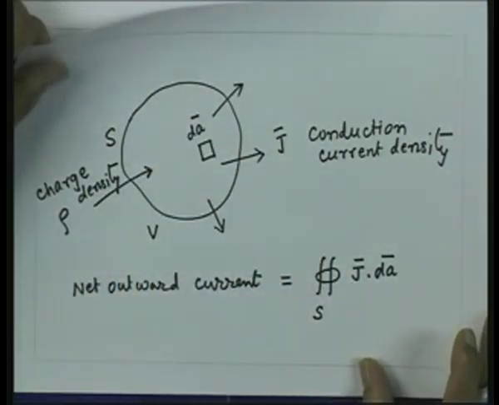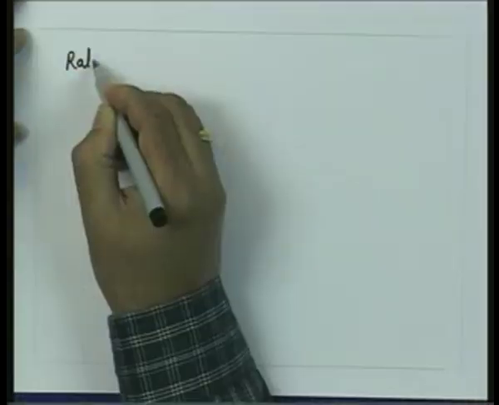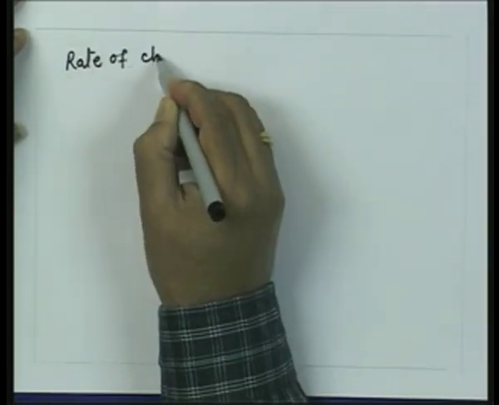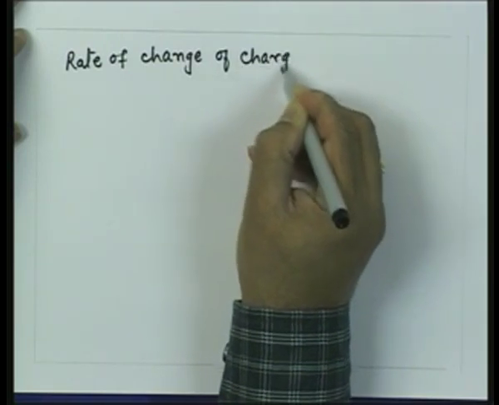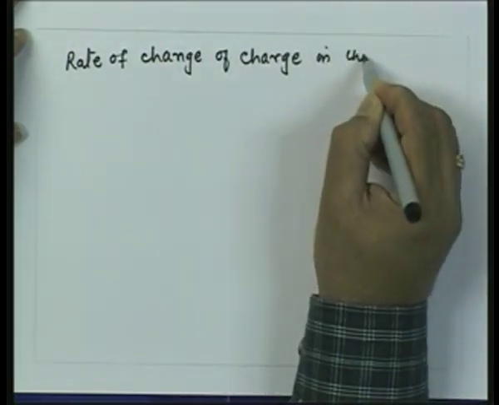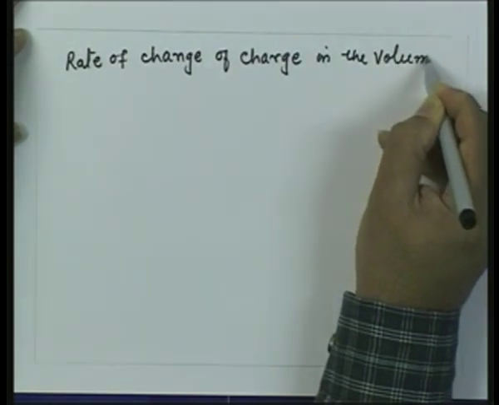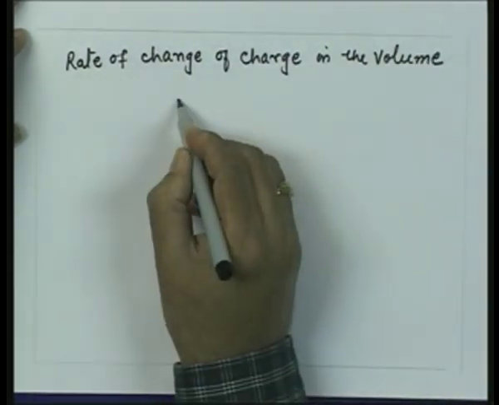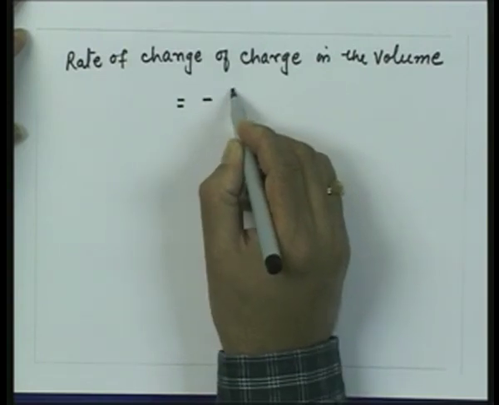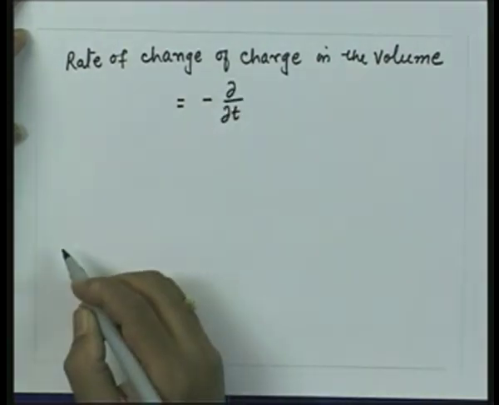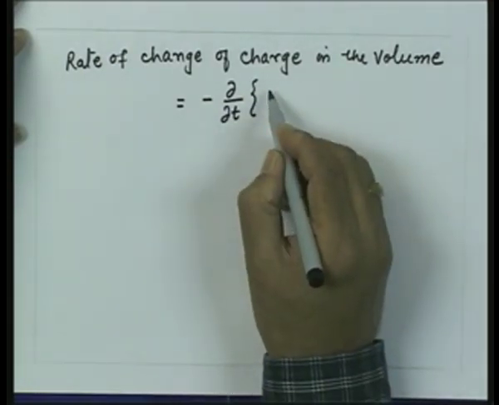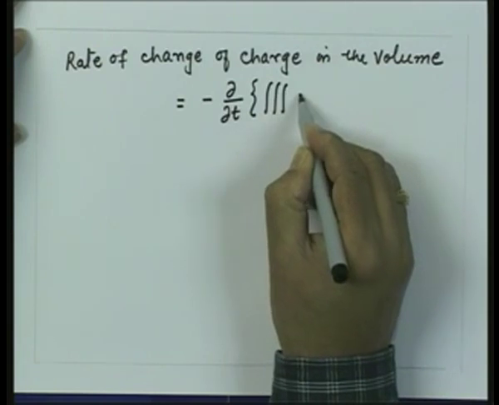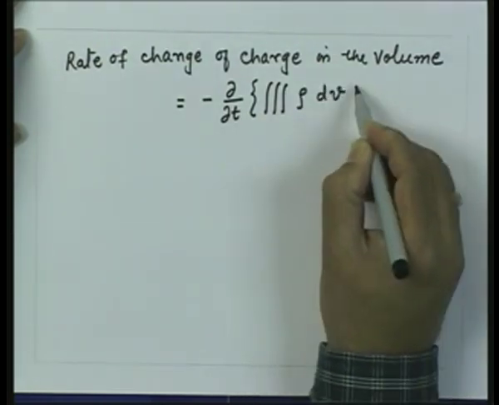So, if I take now the rate of decrease of charge, rate of change of charge in the volume, that quantity will be equal to minus d by dt of the total charge enclosed in this volume. So, that is the triple integral rho into dV.